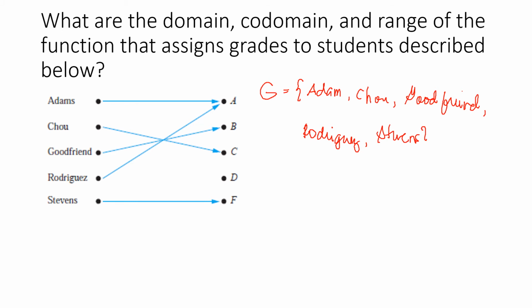So this is the domain of G. And of course, the codomain of G would be A, B, C, F. We do not include the D because D has no element that corresponds to it in the domain.